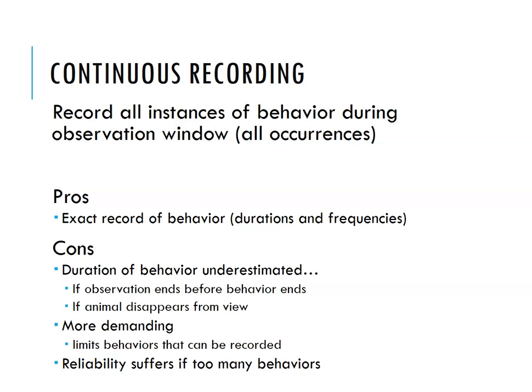This happens to me so often, I will continuously record the behavior of a male fish, and just as my observation period is ending, a female fish will show up in his territory. And I know they're going to spawn, but I won't get to record that spawn as part of my behavioral data because my observation is done. And so, you have to follow those rules. So sometimes continuous recording can be frustrating.